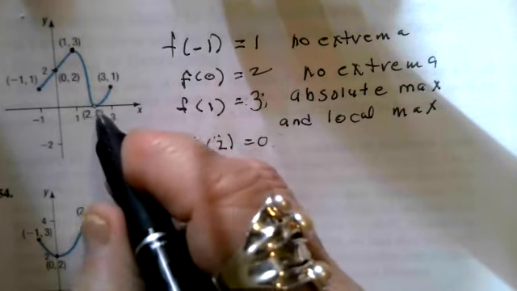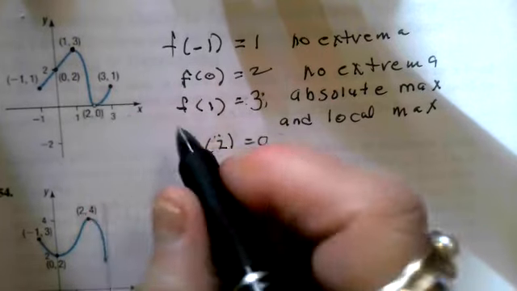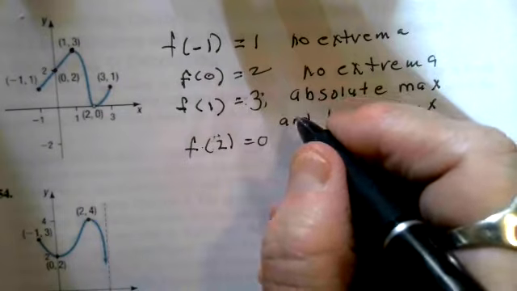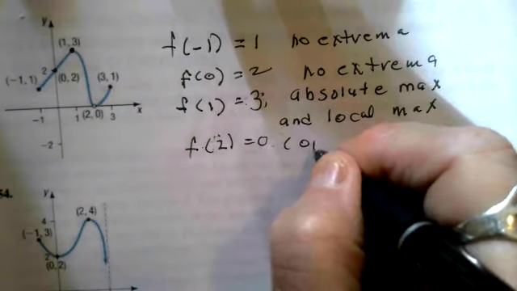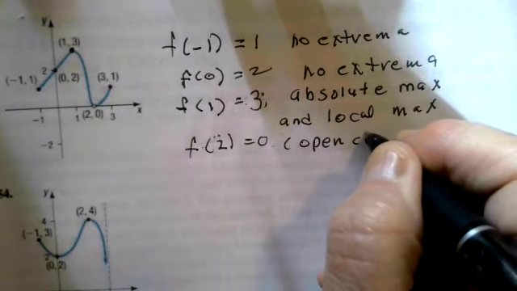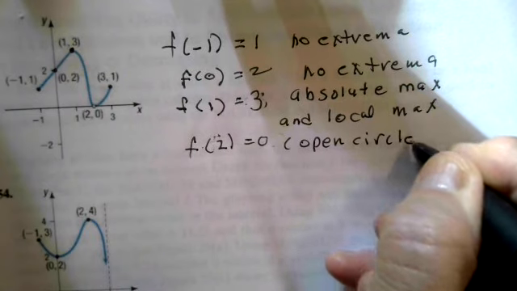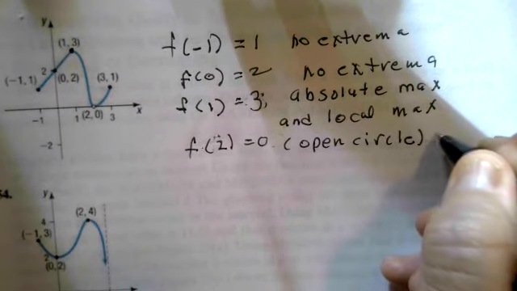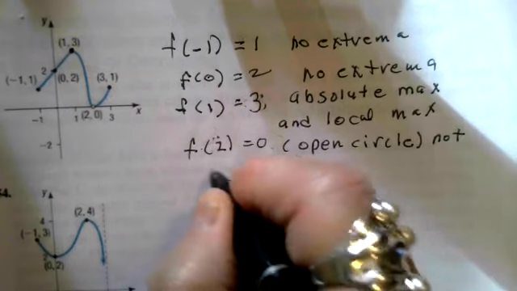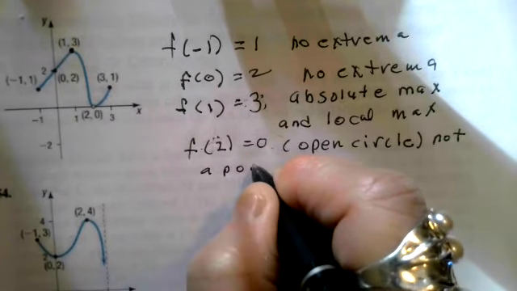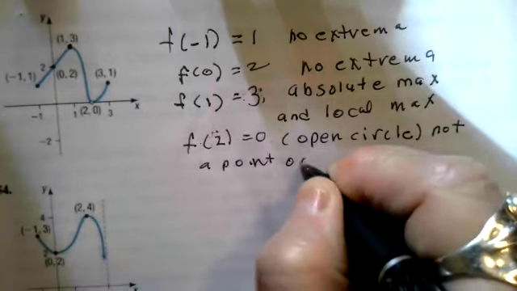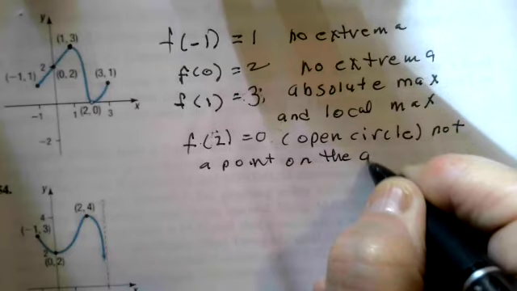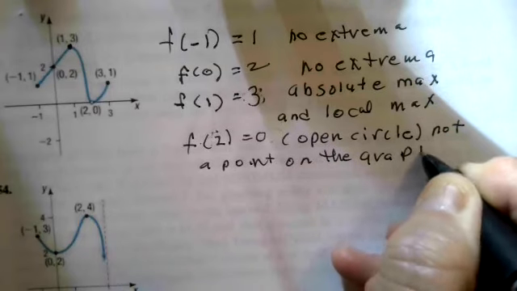Now, I'm not going to fill this one in. It's an open circle. So there's an open circle there. Let's go ahead and deal with that open circle. So it's not a point on the graph. It's just a placeholder right there.